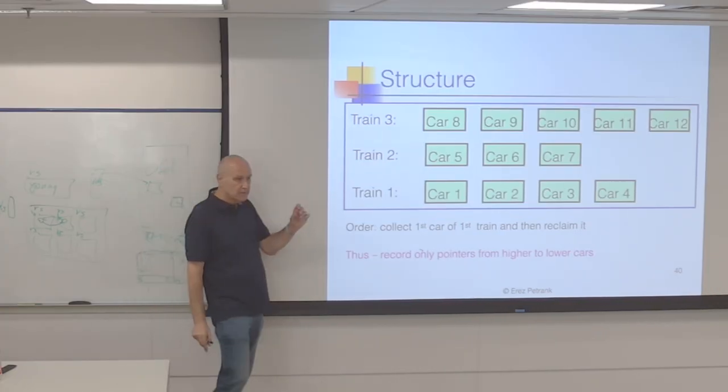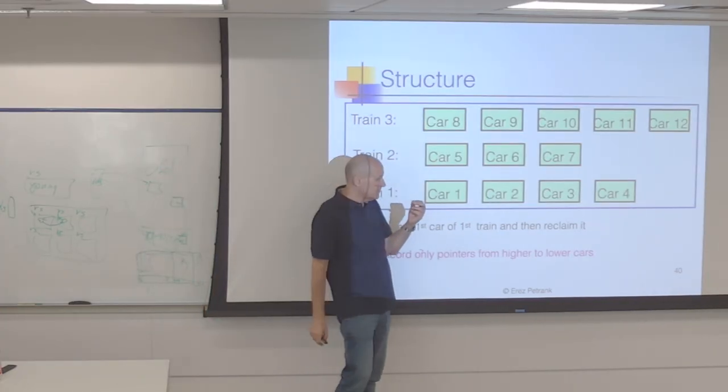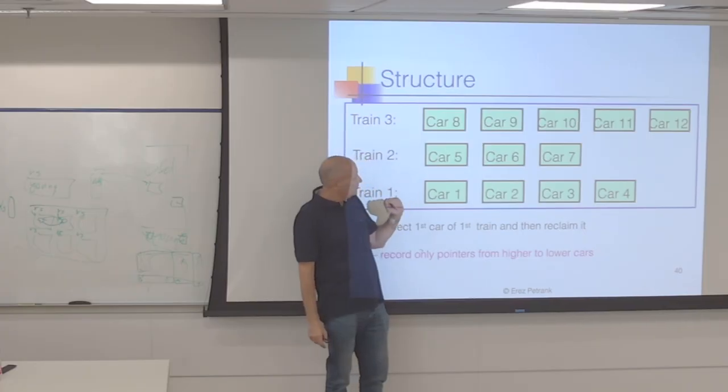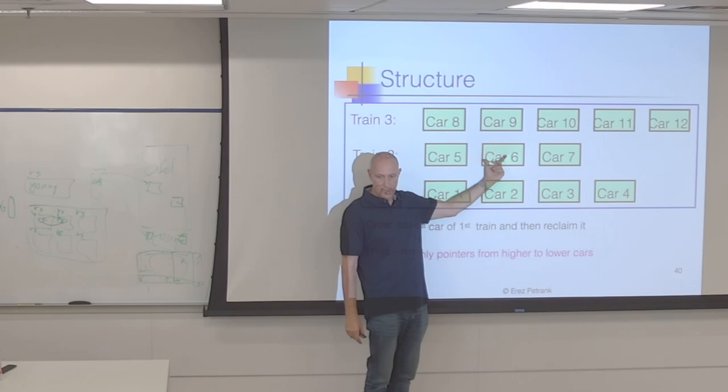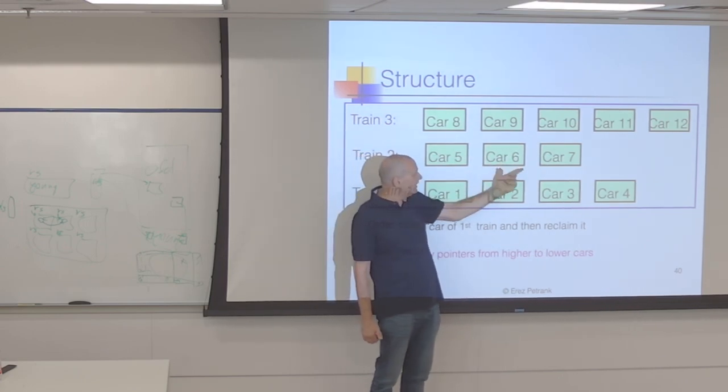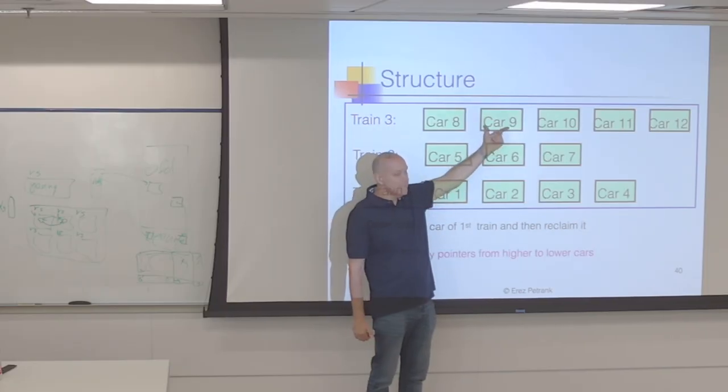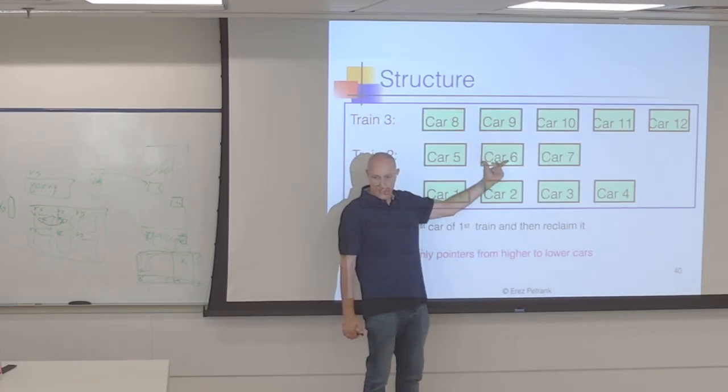And from the point of view of the remembered sets, I only need to record pointers from a larger car to a smaller car. Why is that? Because when I get to this car, 6 will not exist anymore.